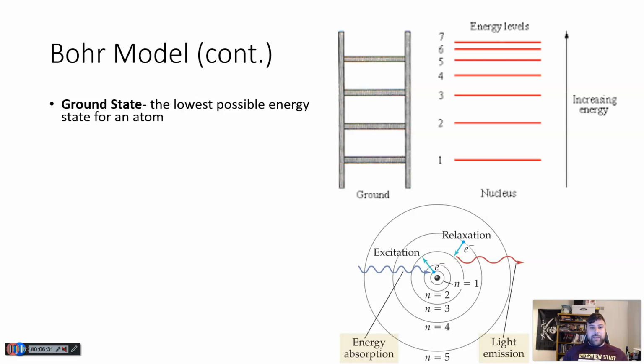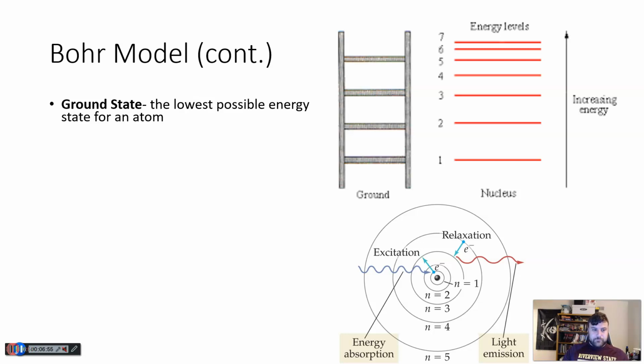So, if we think of this like a ladder, the ground state would be the furthest rung down on the ladder that an electron could be in. When that bottom rung is full, then they go to the next level. And then when that is full, they go to the next level. And so on and so on and so on.